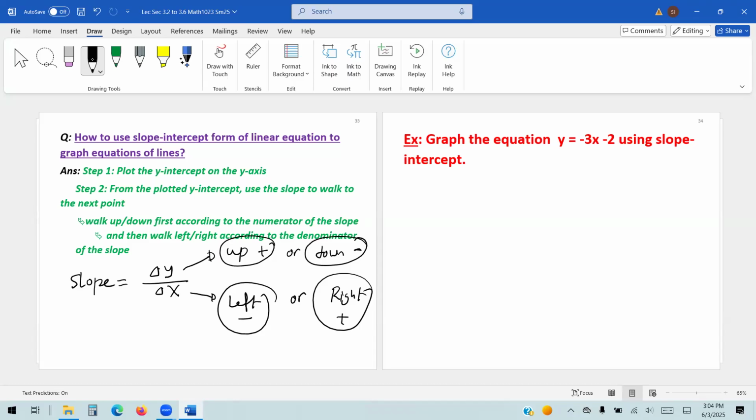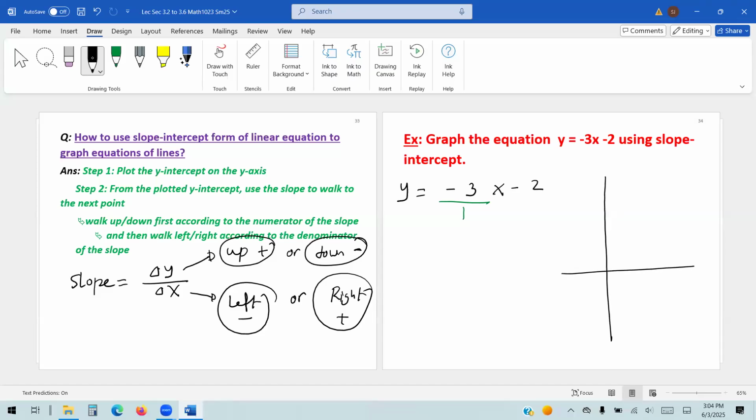So in this equation, we have y equals negative 3x minus 2. We want to have a fraction for our slope. What is our slope in this equation? Negative 3. But we can turn this into a fraction by putting 1 under it.